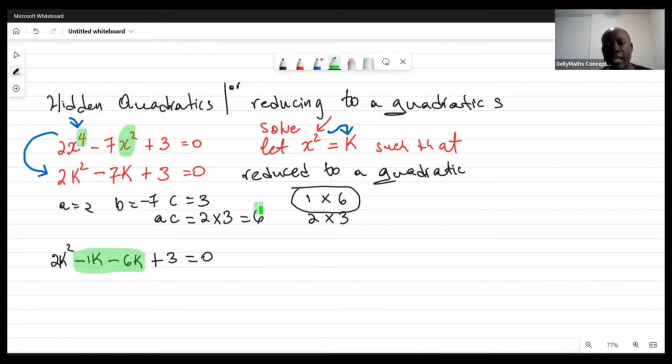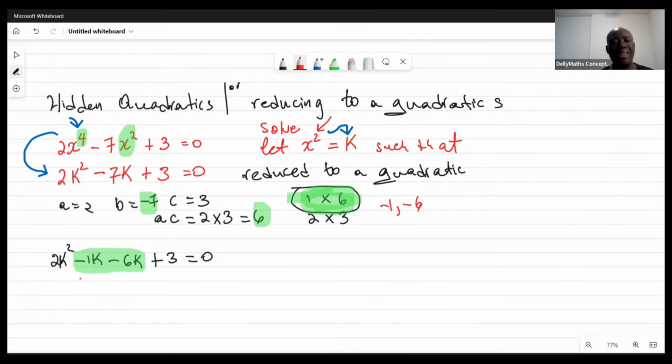Remember, when your AC is positive, it's either you have 2 positive or 2 negative. But when you look at B, let the sign for B help you. So because B was a negative, it means that we're going to have a -1 and a -6. If you multiply them, you get back +6. And if you add them, you get back -7, which is exactly what you wanted.